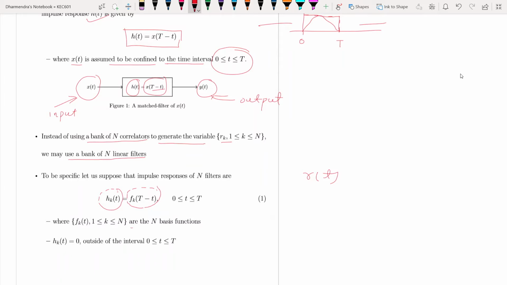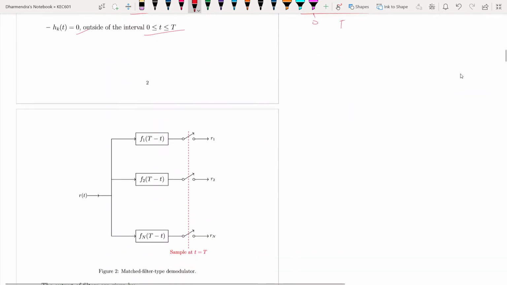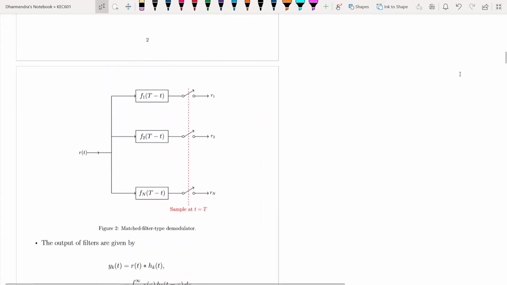Here f k of t are the N basis functions, and if the signal is defined between 0 to T, the basis functions will also be in this interval 0 to T. And h k of t is 0 outside this interval 0 to T. This h k of t should be defined between 0 to T. So this is the block diagram representation of the matched filter type demodulator.